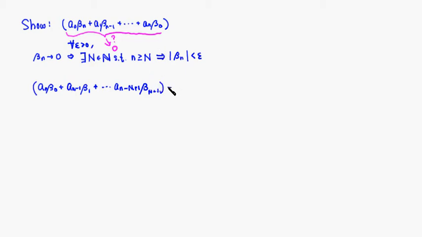Then plus the next term, which would be A_{n-N}, so this is going to be beta capital N, and then you just keep on going until the last term, which is A0 beta n.